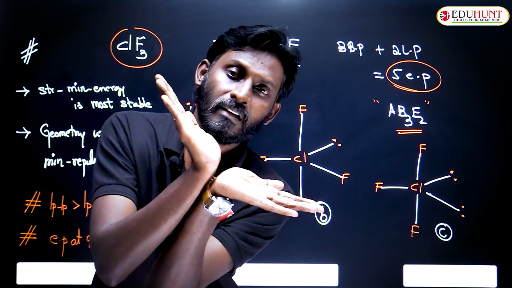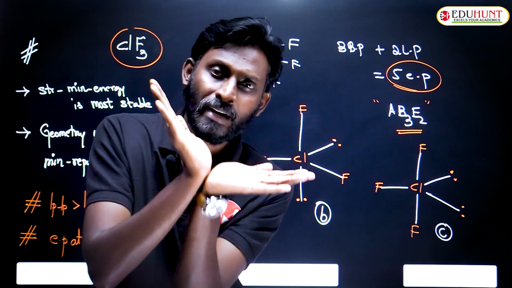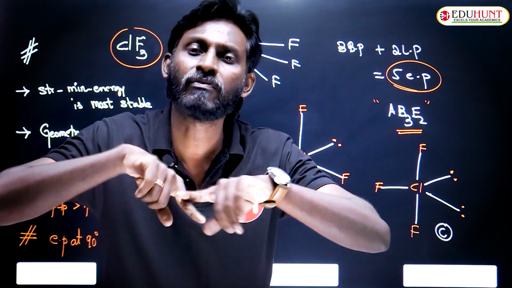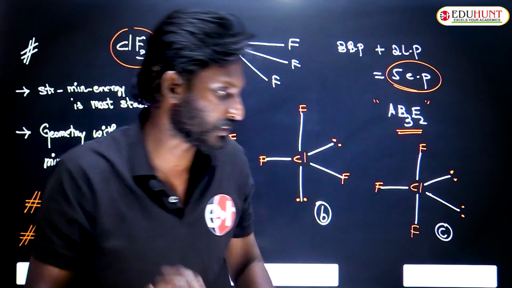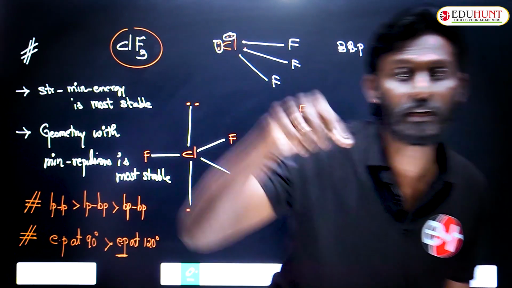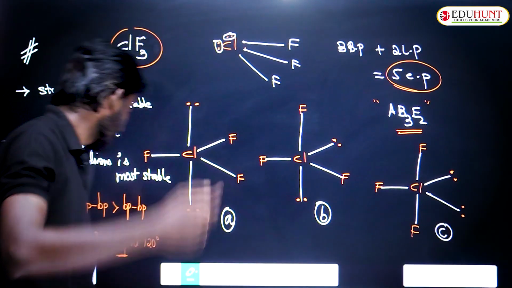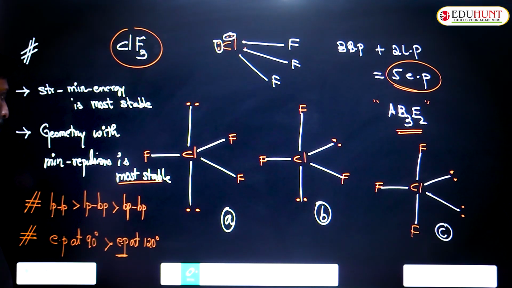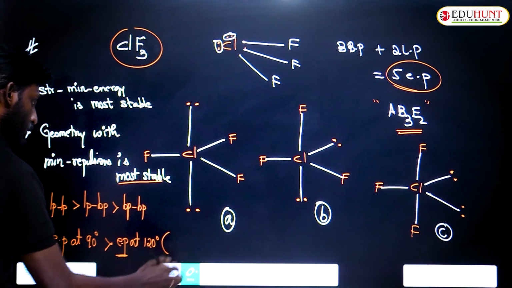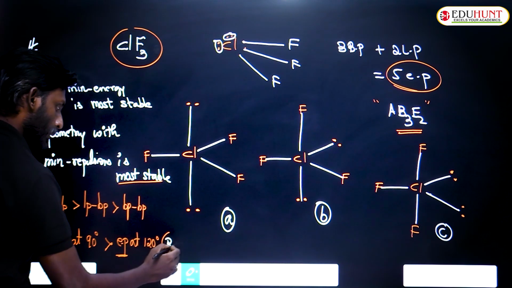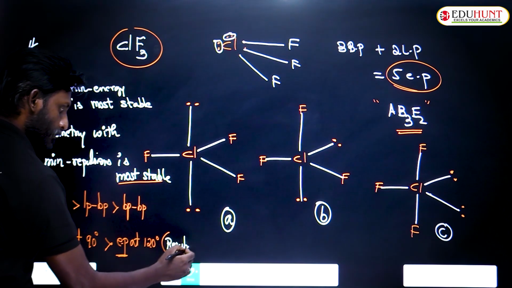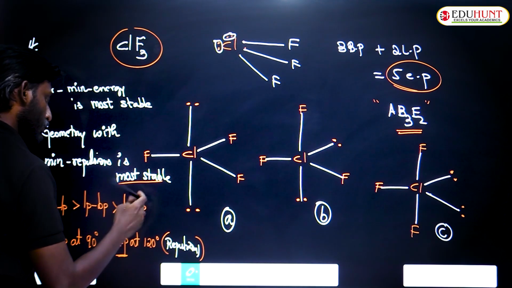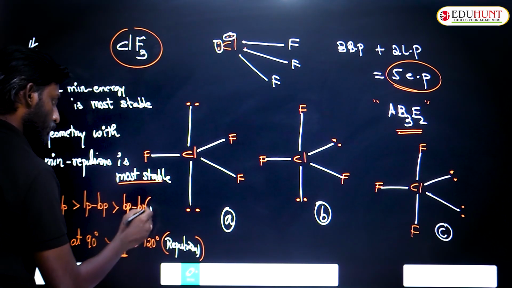More bond angle means the bond pairs are far away, right? So repulsion decreases. Bond angle increases, repulsion decreases, and stability increases, right? So, this is the order for repulsion, and this is also for repulsion.